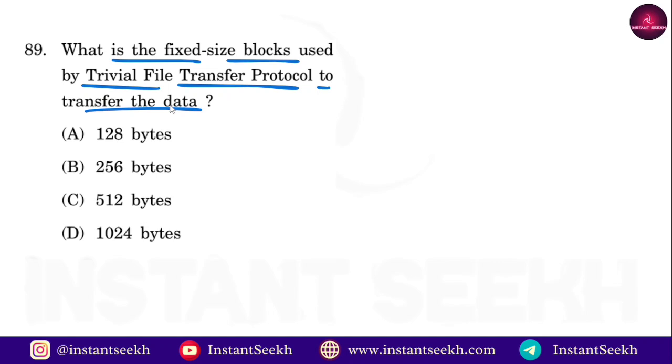The correct answer is 512 bytes. This is a fixed size block that is used in TFTP to transfer the data. Others are wrong. So your correct answer for this question is option C, that is 512 bytes. Let's move on to the next question.